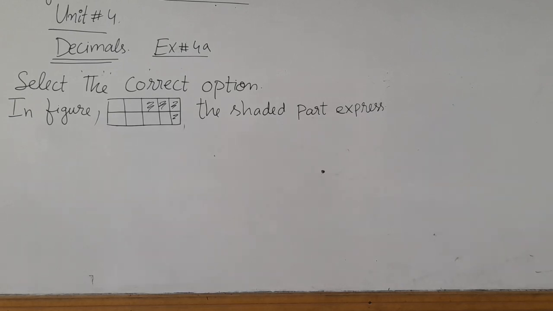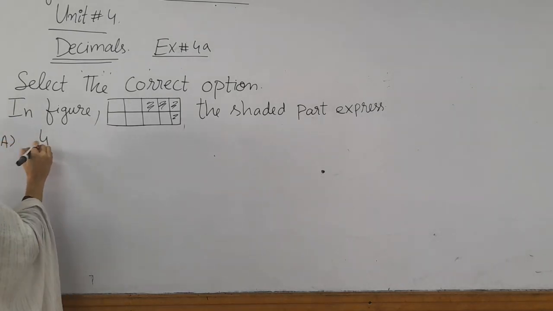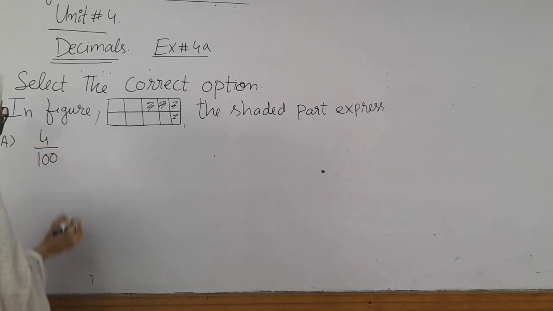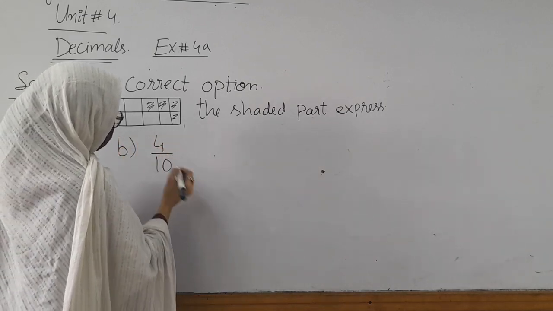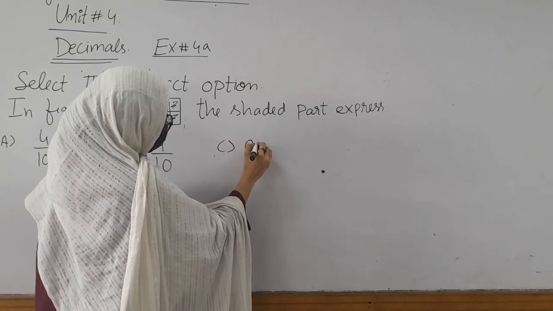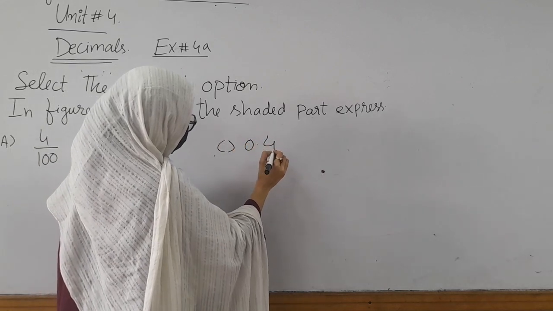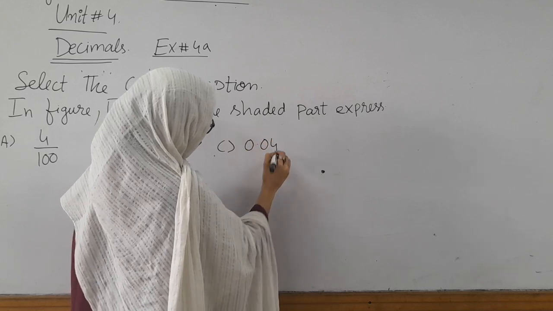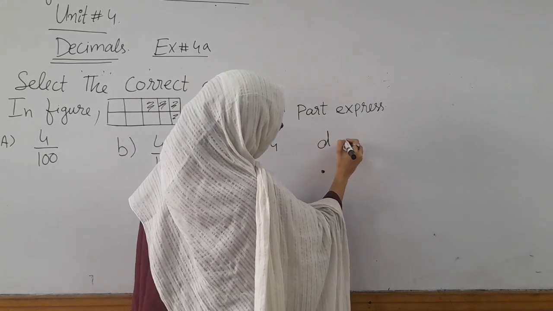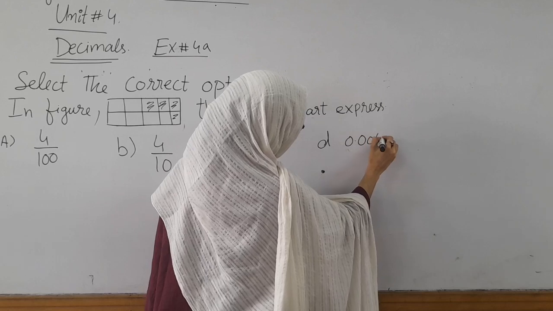So the options are A, 4/100, and the B part is 4/10, and the C part is 0.4, 0.04, and the D part is 0.004.